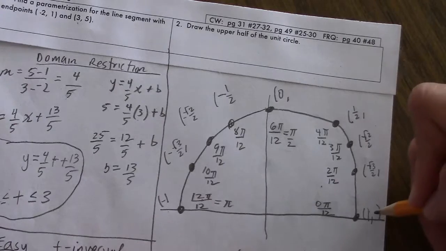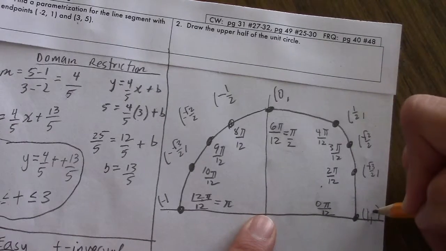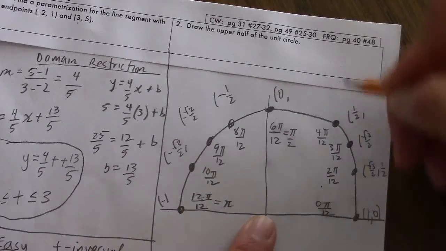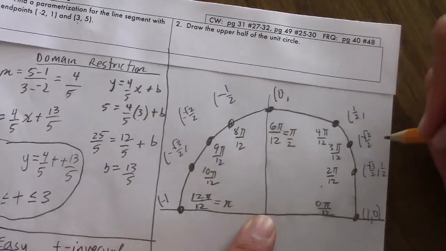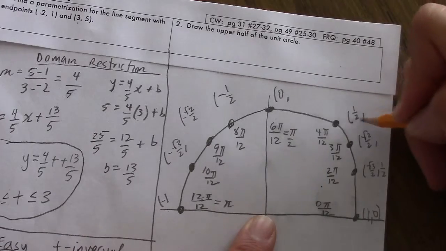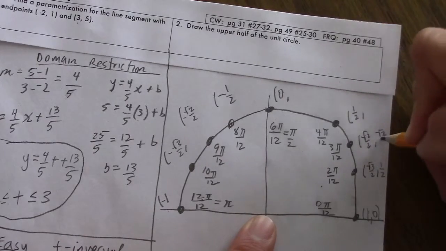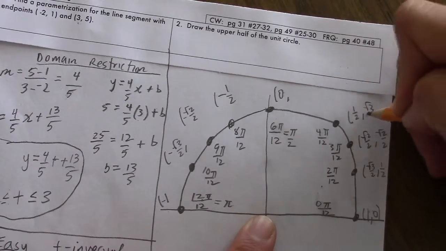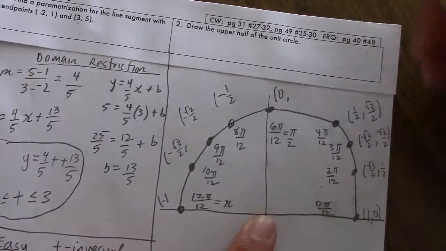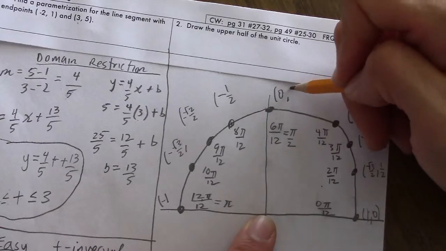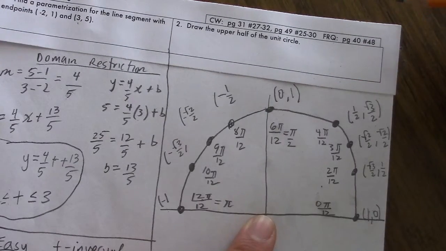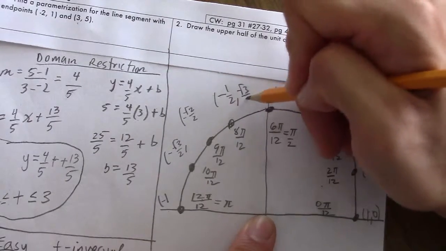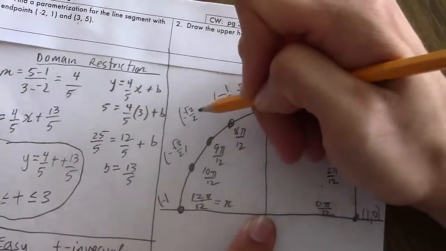And then the y values, so right here, the y value starts with 0. And then remember the pattern, from 0 it went to 1/2. And then from 1/2 it goes to root 2 over 2. And then after root 2 is root 3 over 2. And then root 3 over 2 to 1. And then the pattern repeats itself. Root 3 over 2. And then back down.